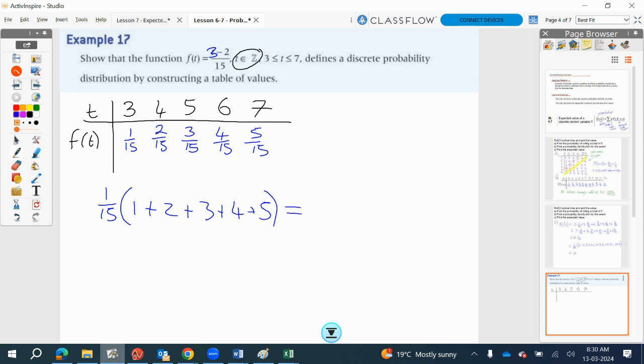What does this equal? You might not need your calculator for that. 15 over 15. When you're adding these type of expressions, look for easy pairs. 4 and 1, 5. 3 and 2, 5. 5 plus 5 plus 5. We've got 15 over 15, which equals 1, which implies that f of t defines a discrete probability distribution.